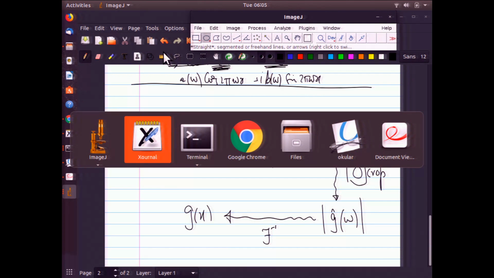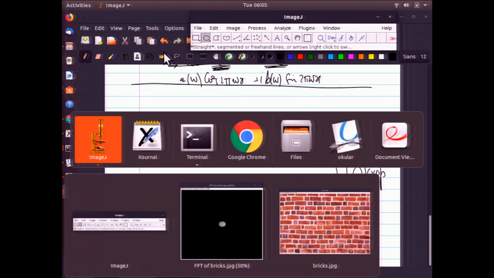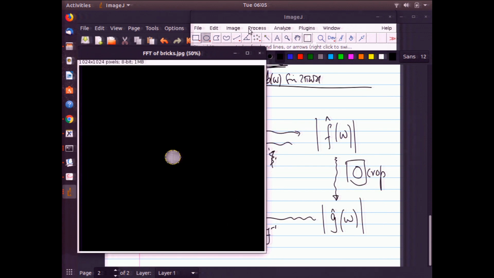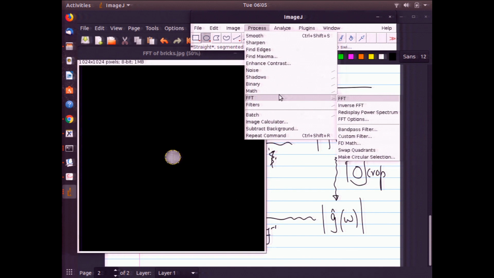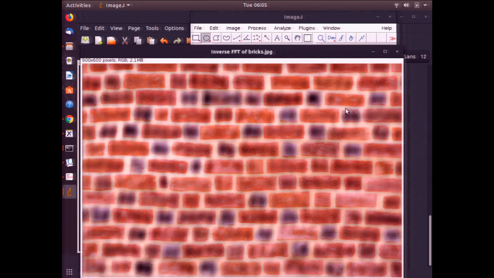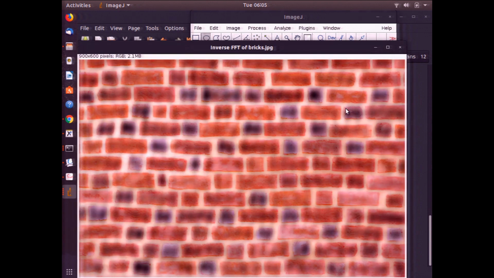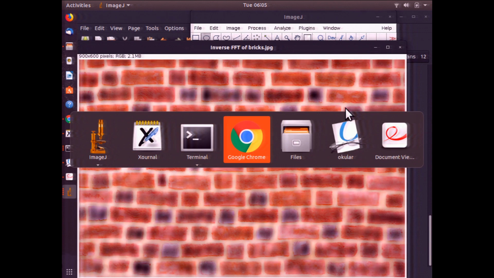So let's take this and ask what its inverse transform is. So there, that's what the inverse transform is. Right? And let's see if we can toggle back and forth.